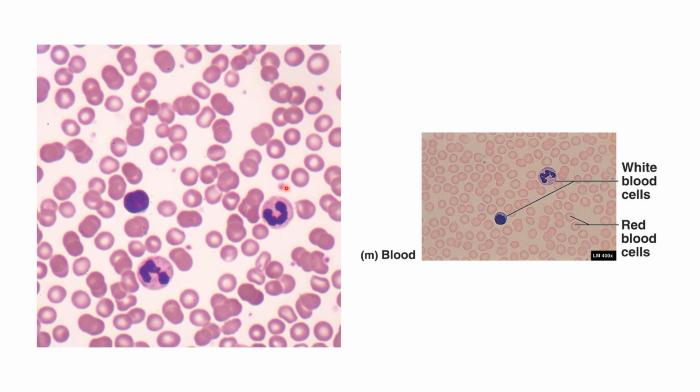Right here, this smaller, it almost looks just like junk on the cell, those are called platelets. And platelets are a cell that functions in clotting. They're much smaller, you can see that, but having platelets and having them float around in the plasma is important for our clotting mechanism as well.